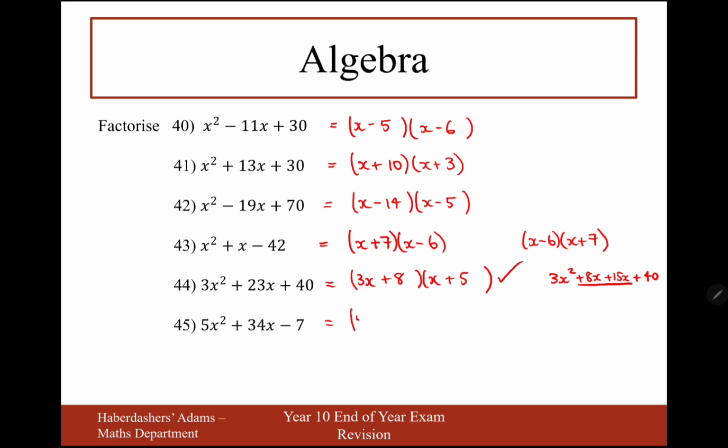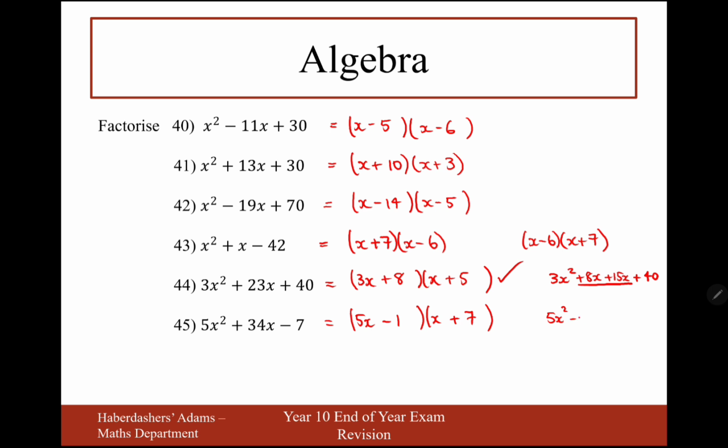And on the next one, for 5x, we'll need a 5x at the front and an x at the front of the second one. We need minus 7 to get the answer, so let's try minus 1 and plus 7. So 5x times x is 5x squared.